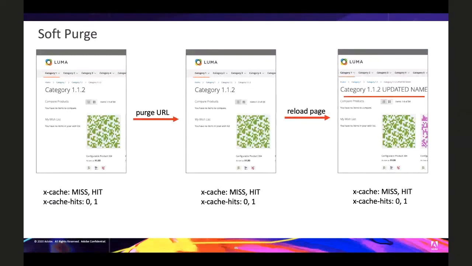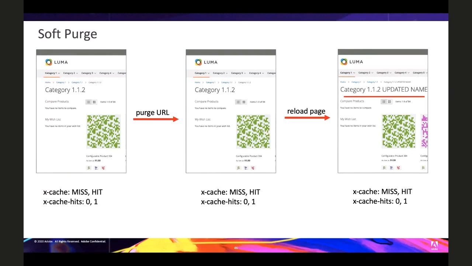It happens because Fastly uses soft purging. So after cleaning the cache, it doesn't remove it at all. It just marks it as stale cache.